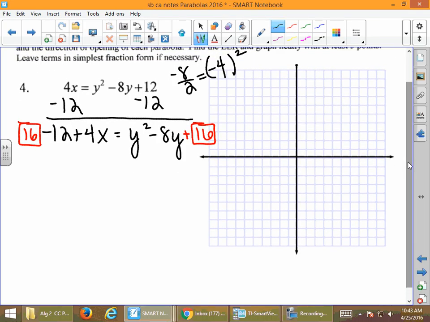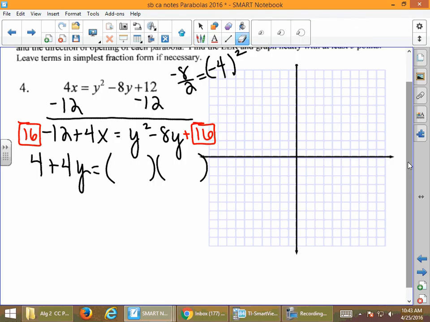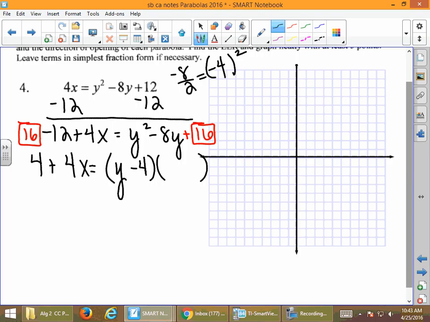So now over here on the left side, 16 minus 12 is 4, plus 4x. And on the right side, we're going to factor. I probably will show more steps than you. I want x there, right? 4 plus 4x equals y minus 4 times y minus 4.